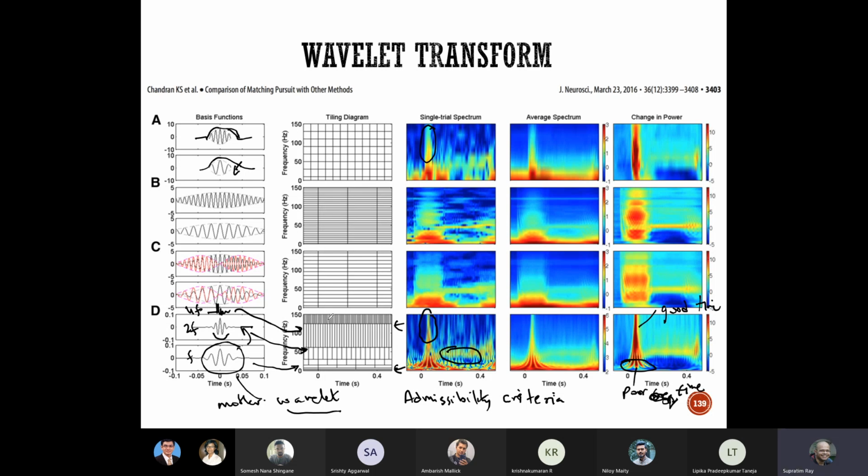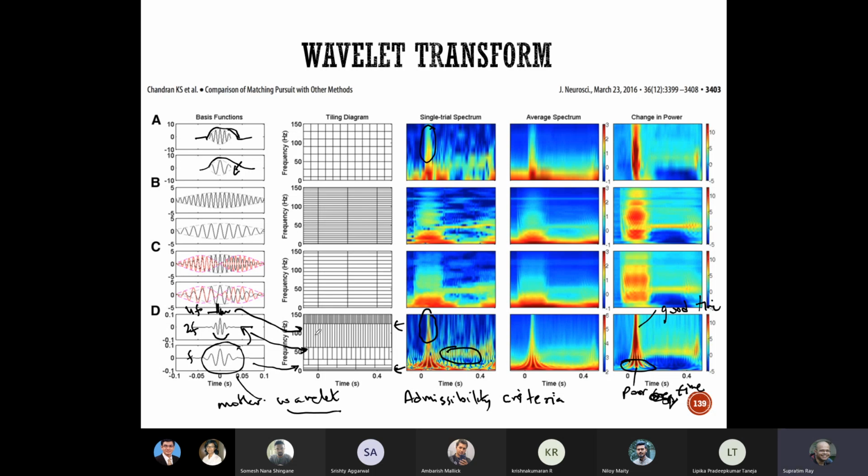So I have not actually violated my time frequency uncertainty principle in any way, because each tile will still have an area of 1. It's just that I'm using different types of tiles to tile my time frequency space.